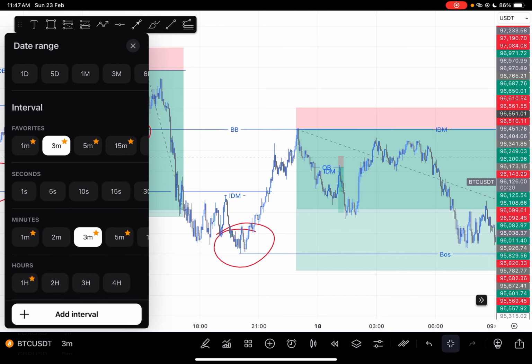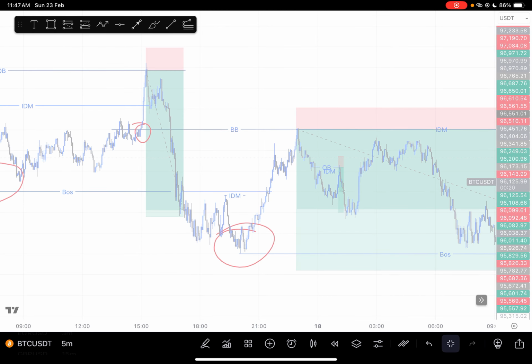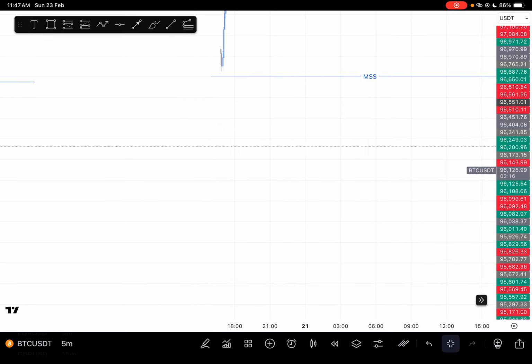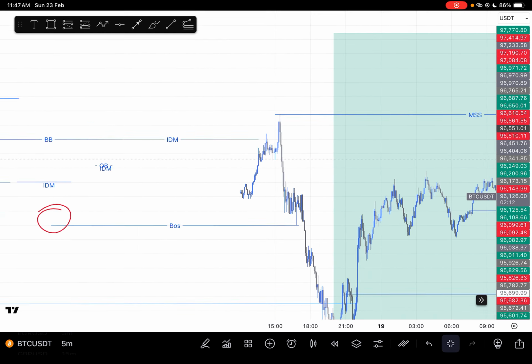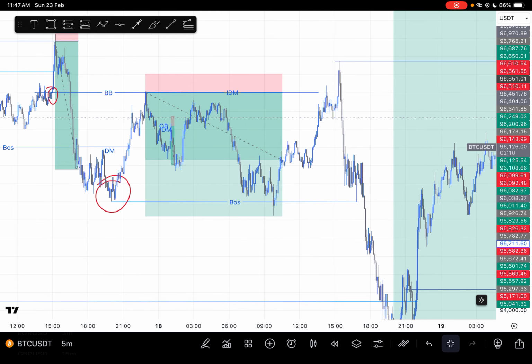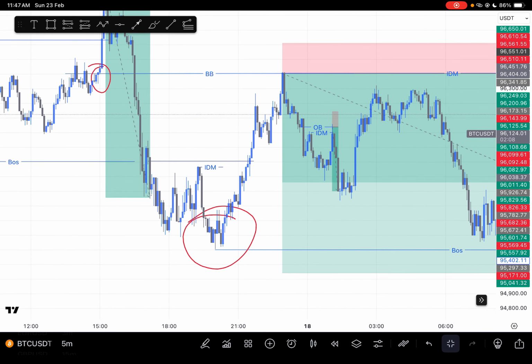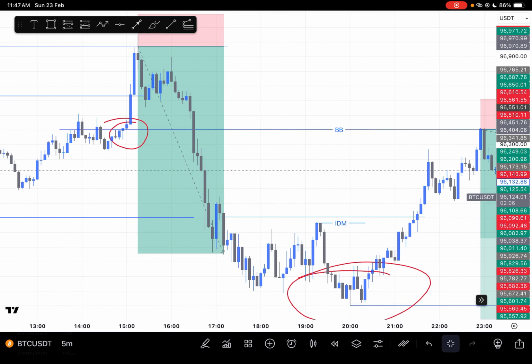So now you have to go to a higher time frame, so you'll be able to spot the order block. Keep going to higher time frames. Now at this point, if you look at this region here, you can clearly see the order block.